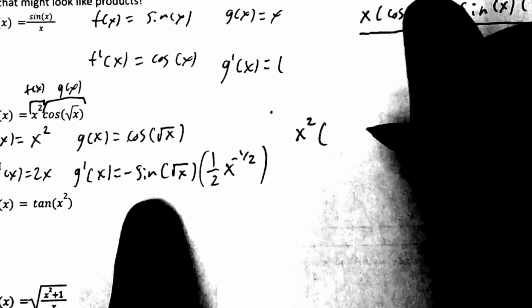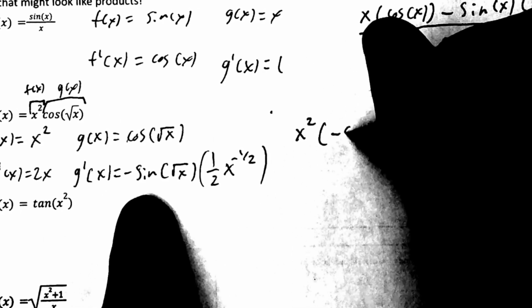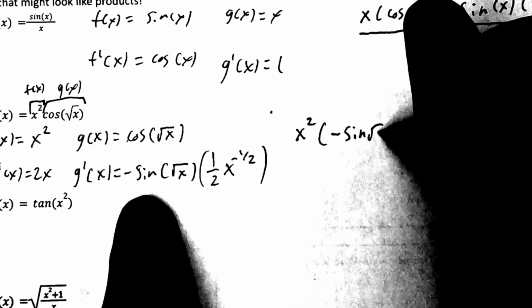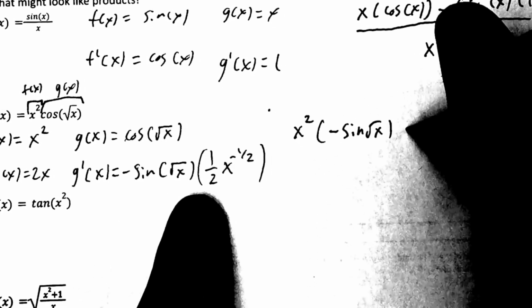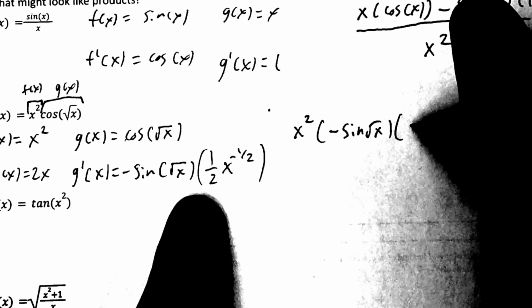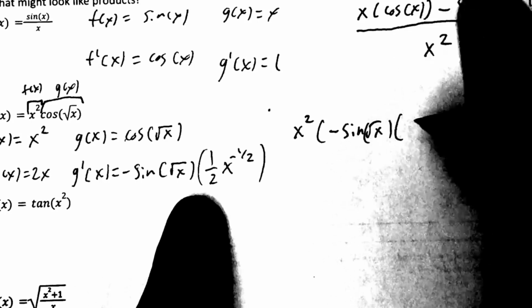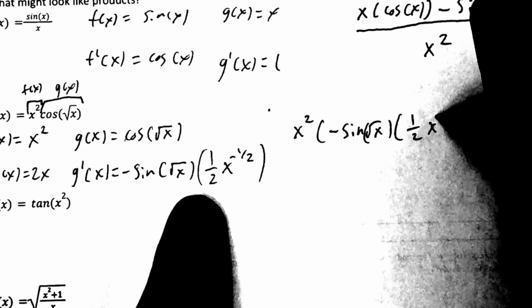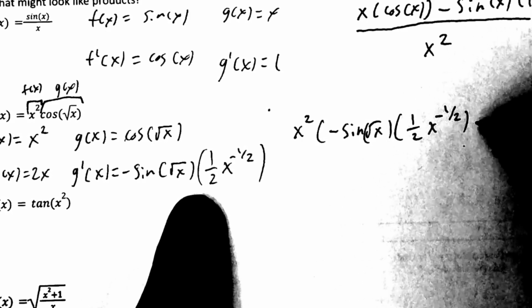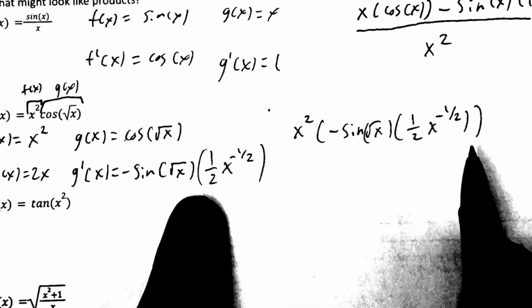I know it's a lot, but you just put it in one big parentheses: negative sine root x, one half x to the negative 1/2, all with one big parentheses around it.